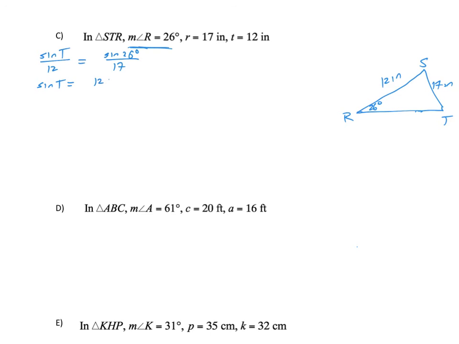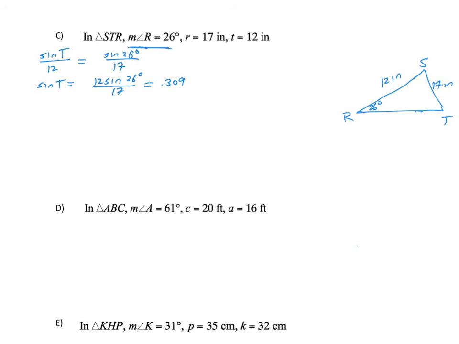So sine of T is 12 sine 26 over 17. If you enter that in your calculator, you get 0.309. So we know that there is at least one triangle in this case because sine of T is between -1 and 1. So that's good.